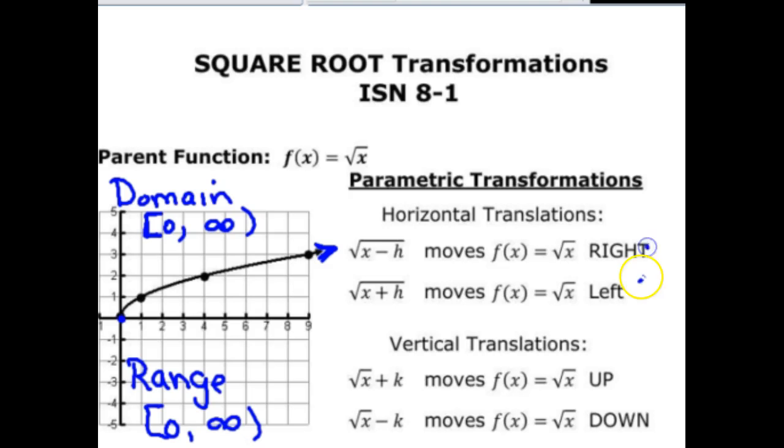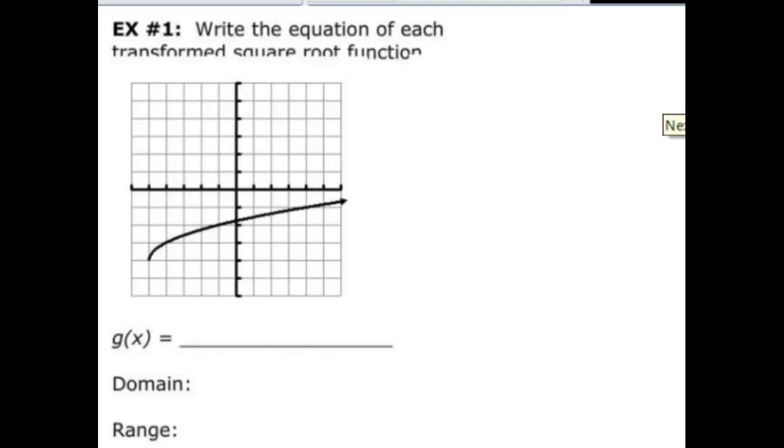And these transformations work just like the other graphs we have done before. So we're taking the transformations we've done before and we're applying it to this parent. So in this first example, we are comparing it to this parent graph.